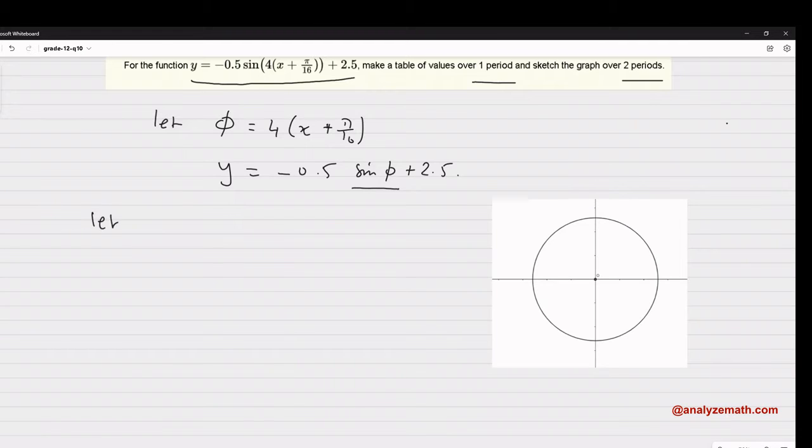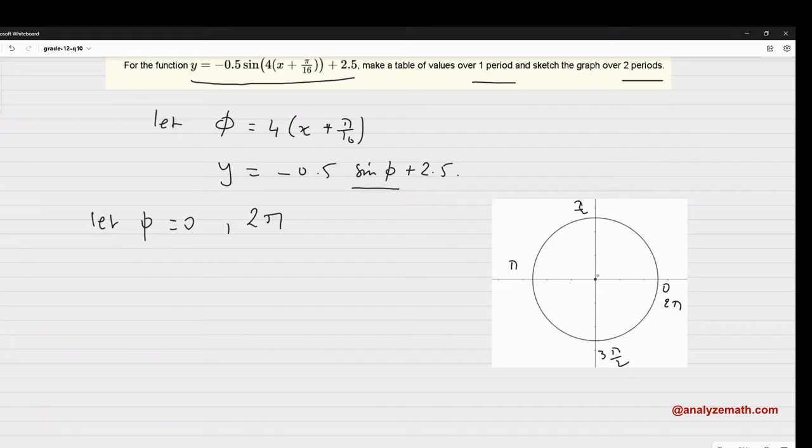So let phi take values from 0 to 2 pi on the unit circle on the right. On the unit circle here, phi equal to 0, phi equal pi over 2. This is an angle in standard position. Then pi, then 3 pi over 2, and then 2 pi.